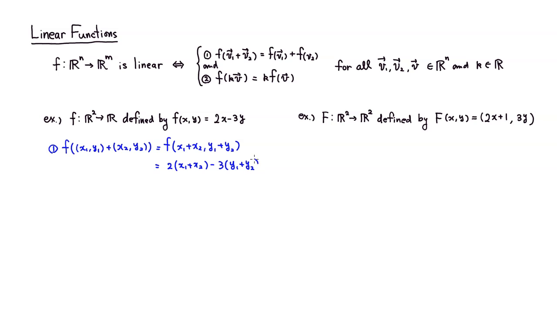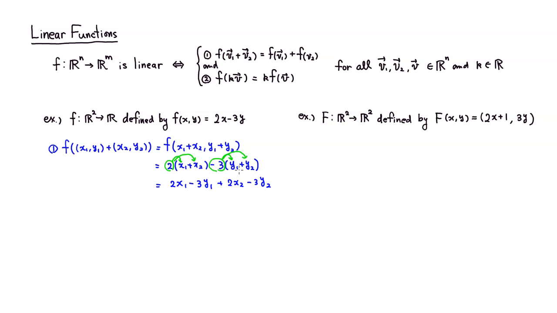All right, then you can distribute 2 to both of these, and I'll write it as 2x1 and also 2x2. I'm going to rearrange. Then I'm going to distribute the negative 3 to both of these terms, so you have minus 3y1 and minus 3y2.